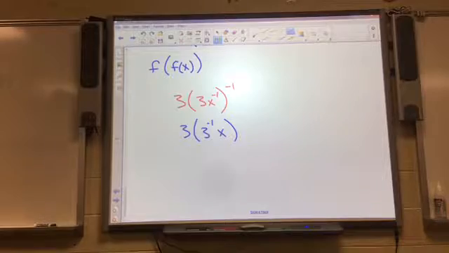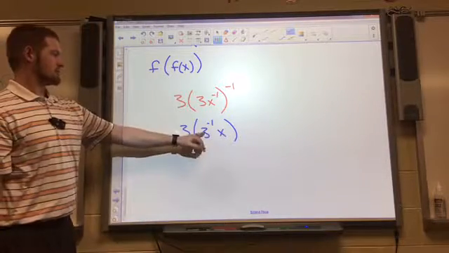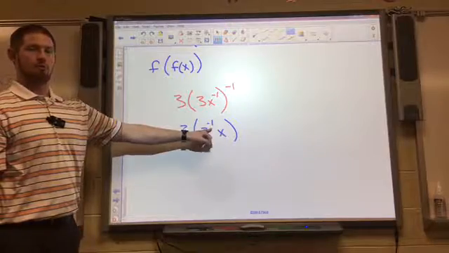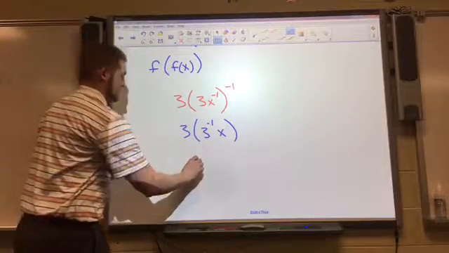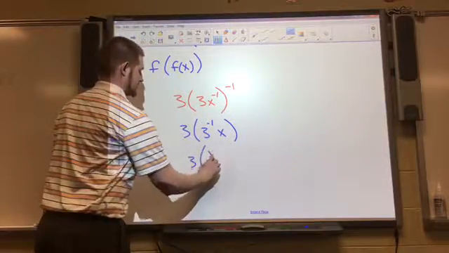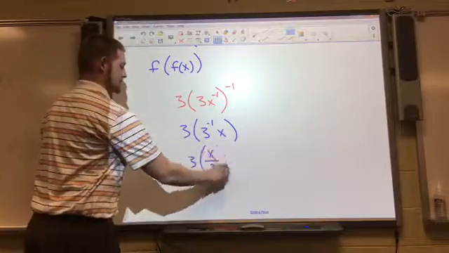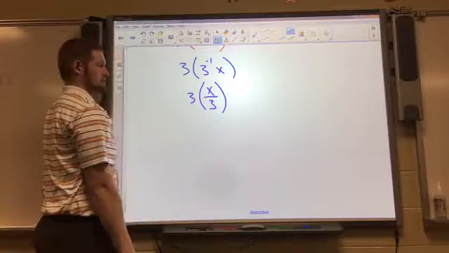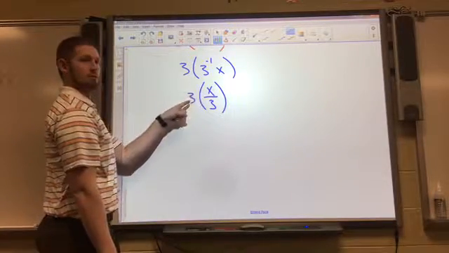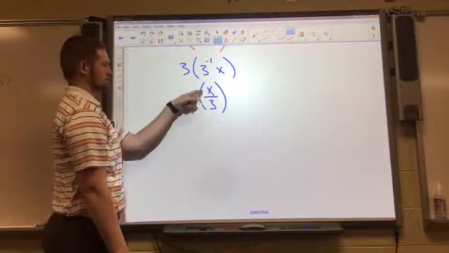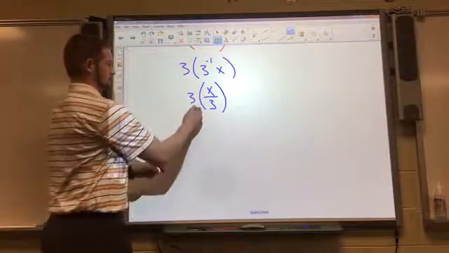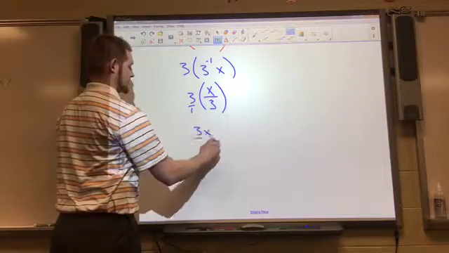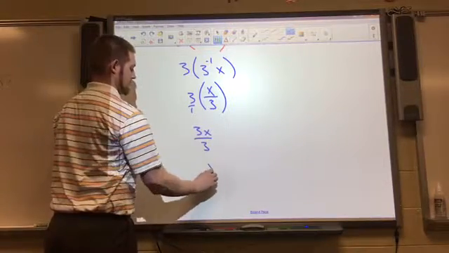Okay. Since that is a negative, go ahead and put that where? On the bottom. So you actually have 3 times x over 3, which gives me... keep going. I can multiply those, right? So that's 3 over 1. So I get 3x over 3, which is x.